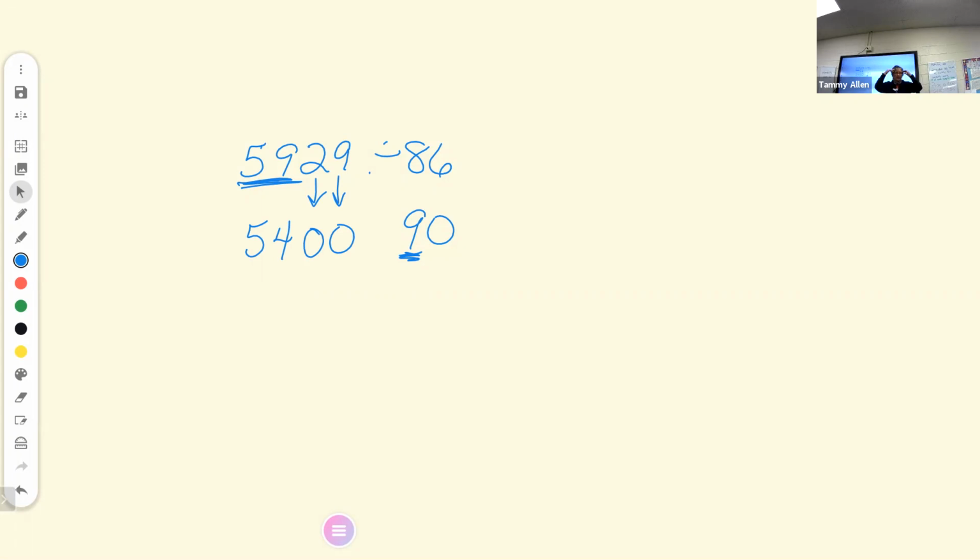Does this ring a bell anywhere in that head of yours, folks? Slightly at least? All right. So 54 divided by 9 is 6. But now we have 2 zeros here and 1 zero here.